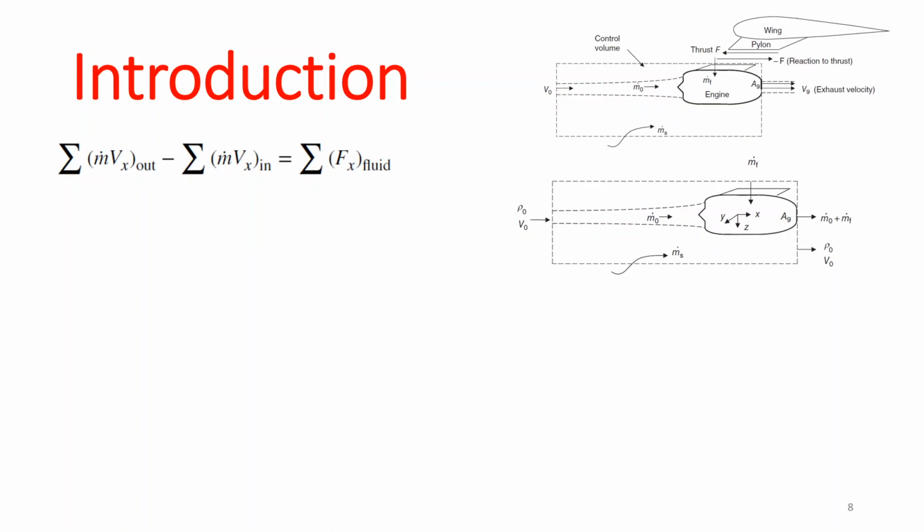We have the ambient conditions, for which the area is A minus A9. So whatever is going out here is rho naught v naught multiplied by that area, A minus A9. And we have the m dot naught plus m dot f that is going out at A9 multiplied by velocity. Are there any questions there? So that is going to be your exit.